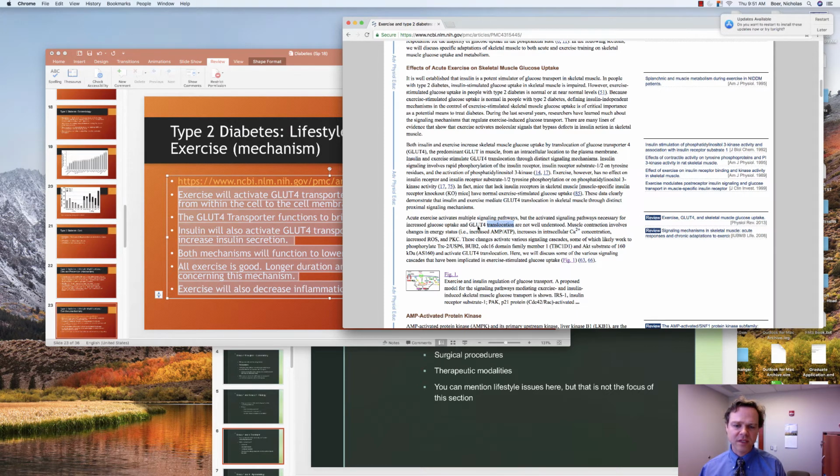Basically it means that these GLUT4 transporters are within the cell, and this signaling causes the GLUT4 proteins to go to the cell surface, the cell membrane, and that's what lets glucose into the cell. I investigated it a little further to see what exactly was going on. You should do the same.